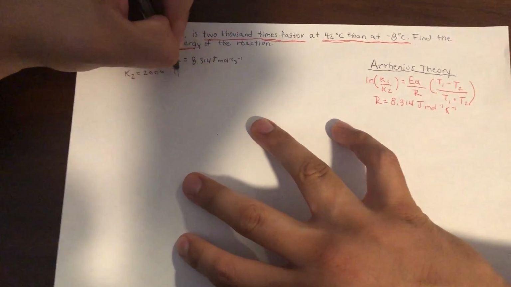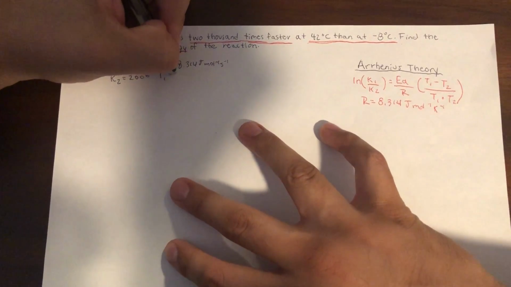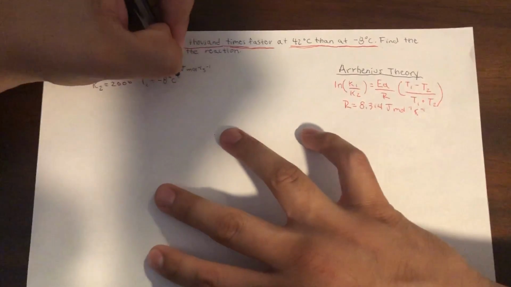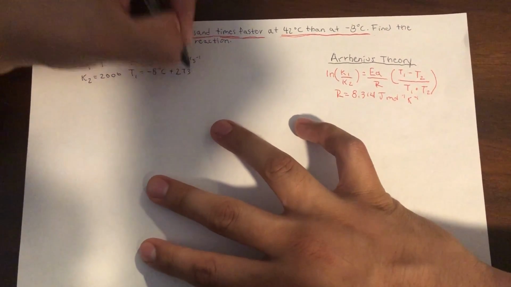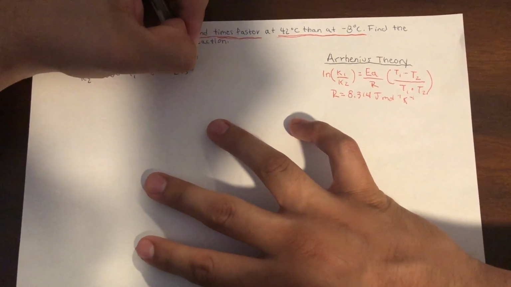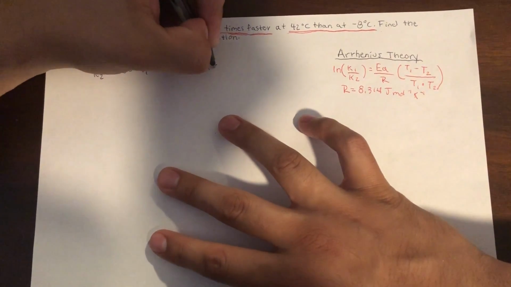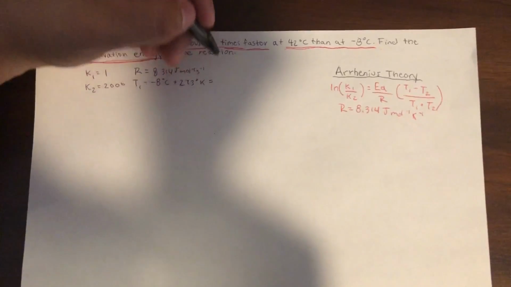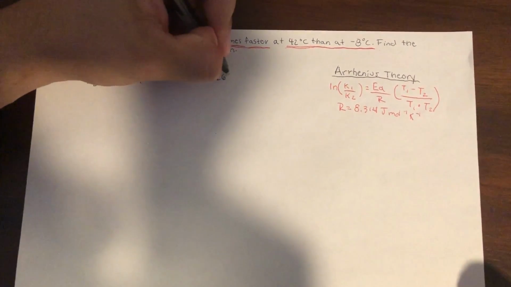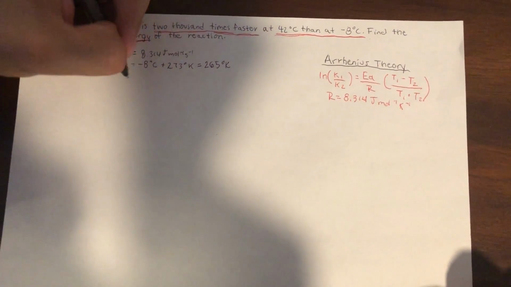And then they gave us T1, which is going to be negative 8 degrees Celsius. But remember, we have to convert it to Kelvin, so just add 273. Once you plug it into your calculator, it's going to give you 265 degrees Kelvin.